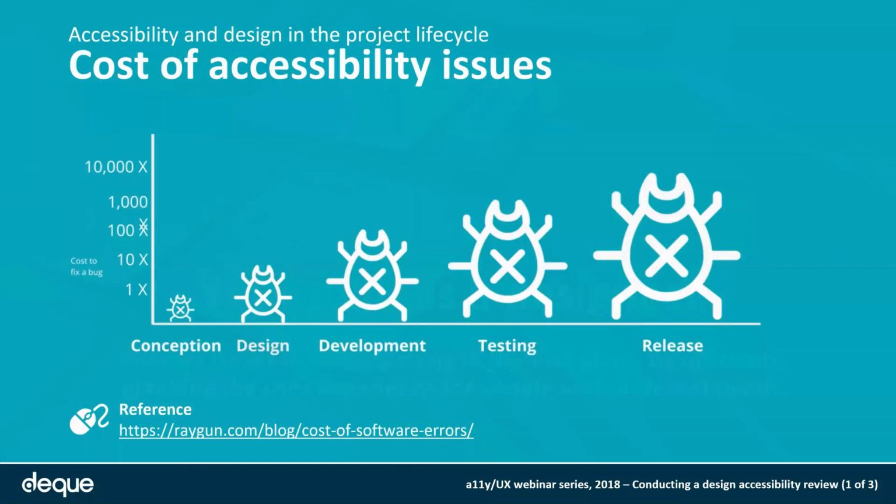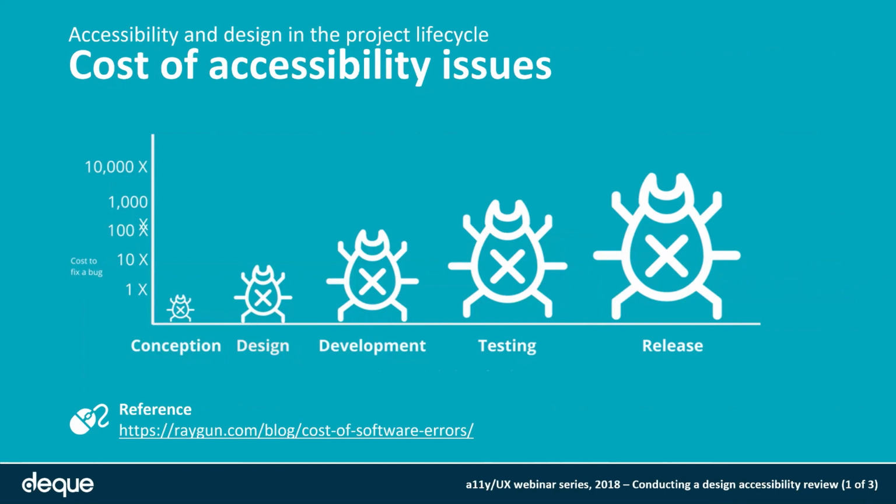And one of the reasons for that is that we've learned over the years that the earlier you find out about accessibility issues, the less costly and less complicated they will be to fix.